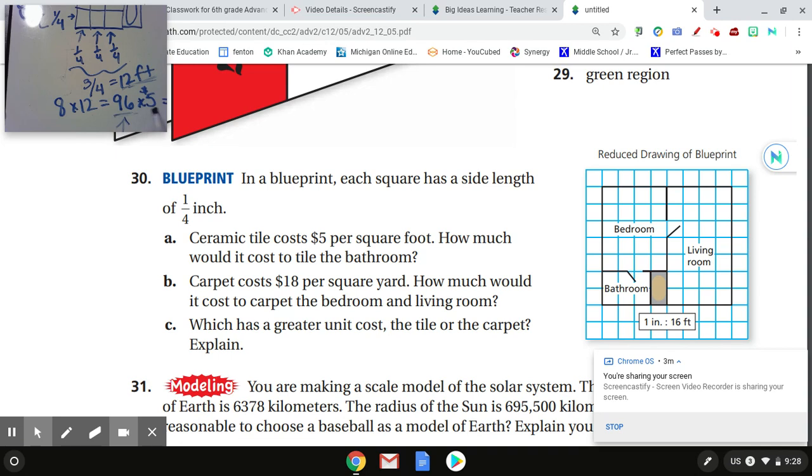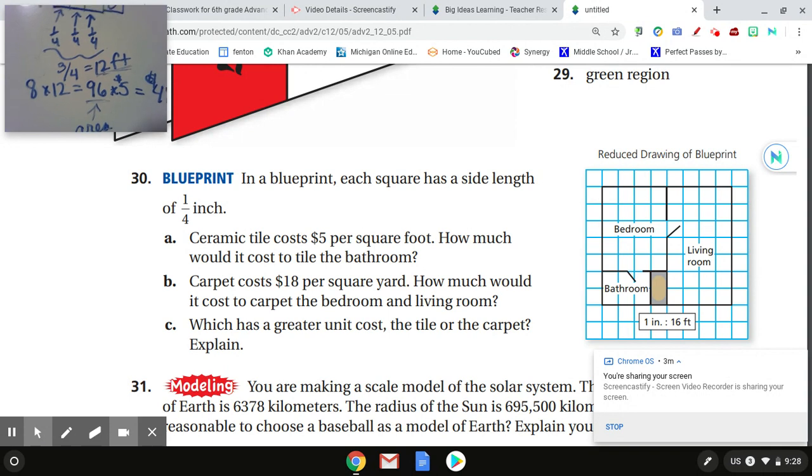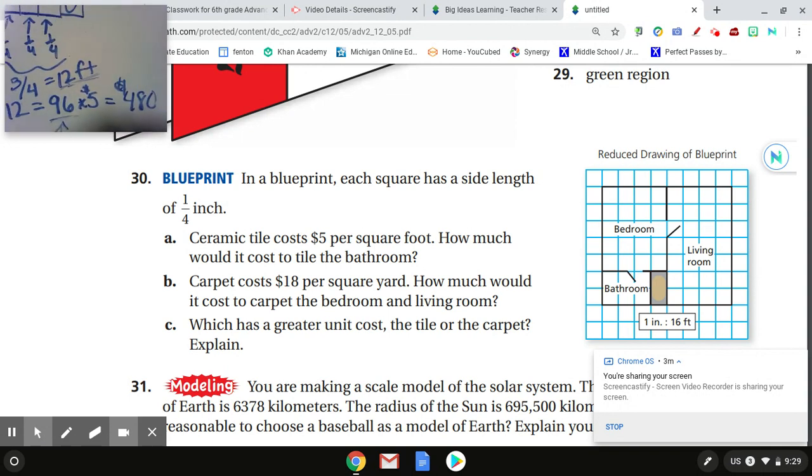Okay, now it said the ceramic tile costs $5 per square foot. So we're just going to multiply $5 times 96 and we get $480. So it's going to cost $480 in just tile to retile that bathroom floor. All right, so that would be the answer to part A.